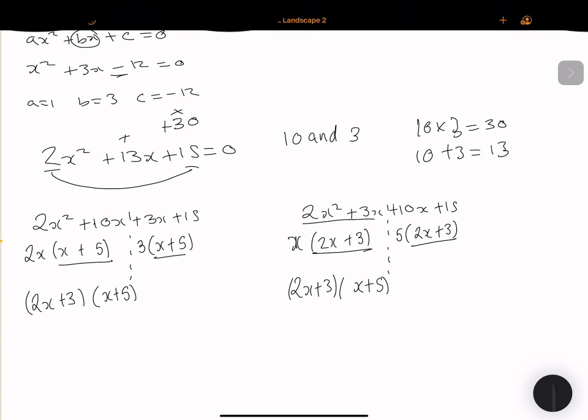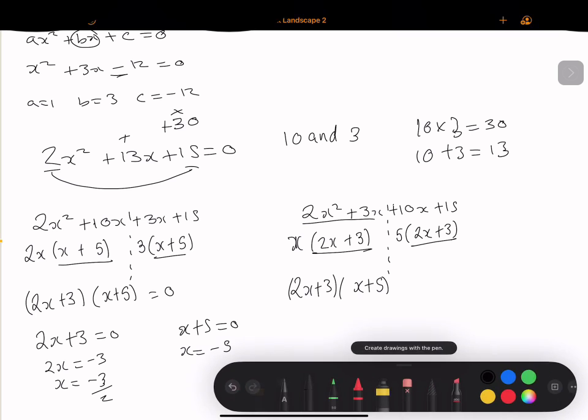Okay, now let's solve. So this all equals 0. So that becomes minus 3. And then we've got x plus 5 equals 0. x equals minus 5. Okay.